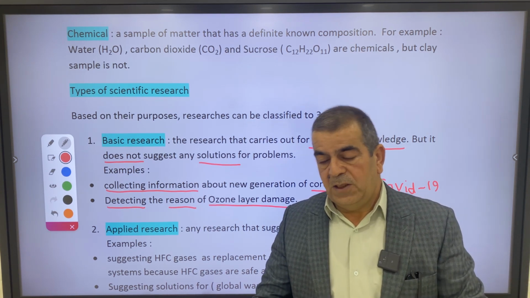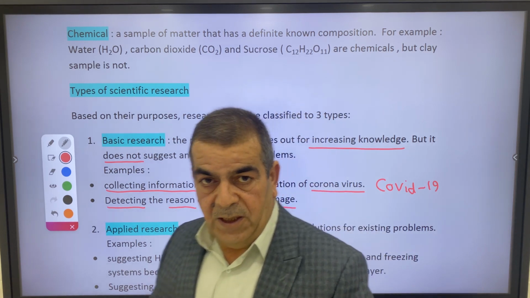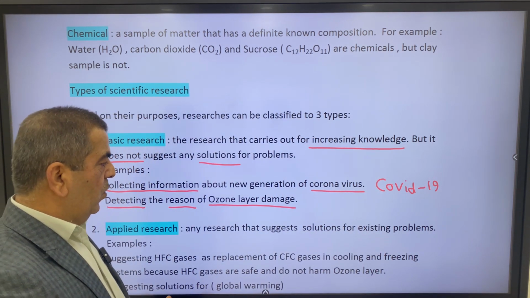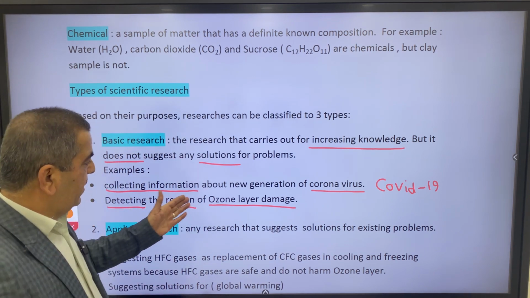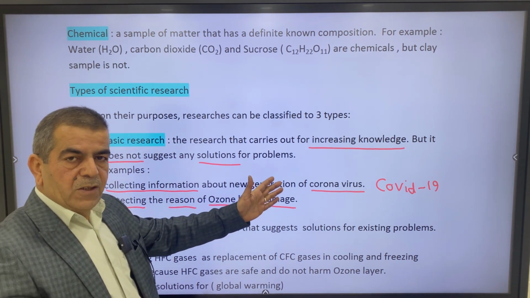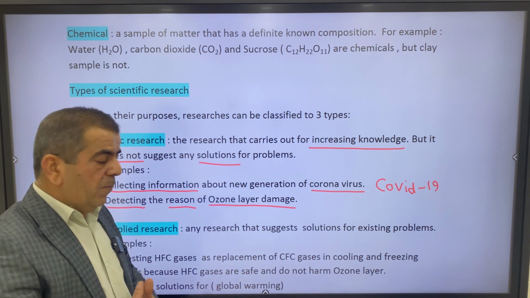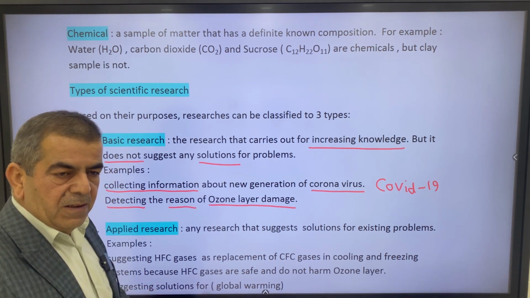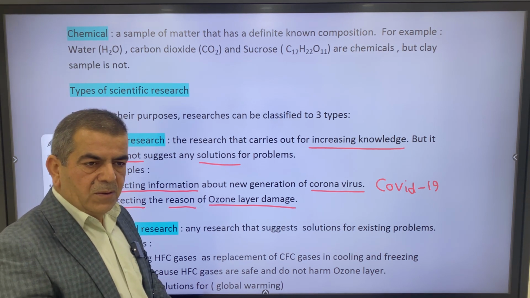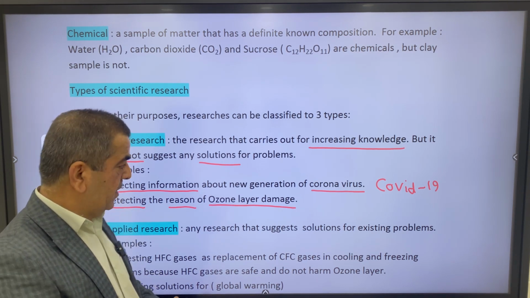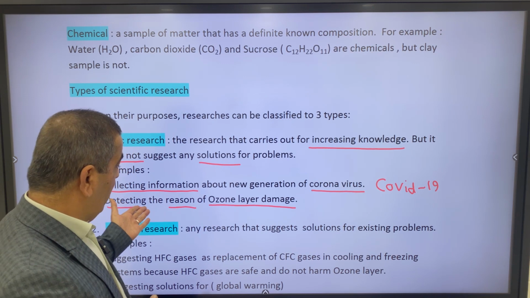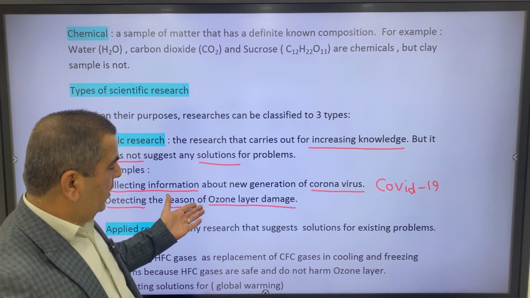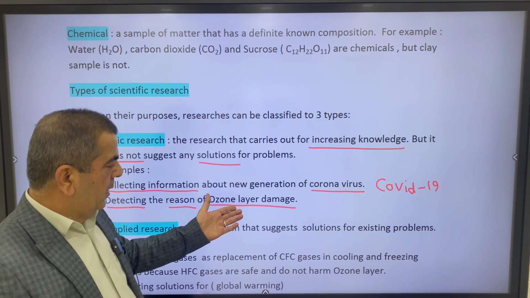So the first thing scientists did was to know why this happens. Why is the ozone layer getting damaged? Why does this hole happen? So it was only to determine the reason, the cause. Only. So this type of research did not suggest a solution for repairing the ozone layer.